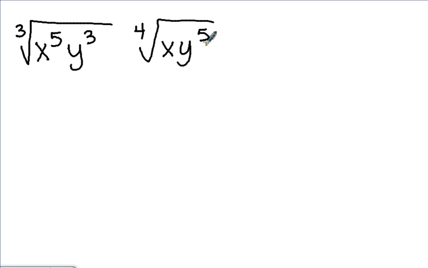Keep in mind the 2 rules that we wrote down as we go through this. First of all, let's start with our first term. We have x to the 5th, and we're taking the cubed root of that. The power indicates the numerator, the root indicates the denominator. So since the power is 5, the numerator is 5, and since the root is 3, our denominator is 3.